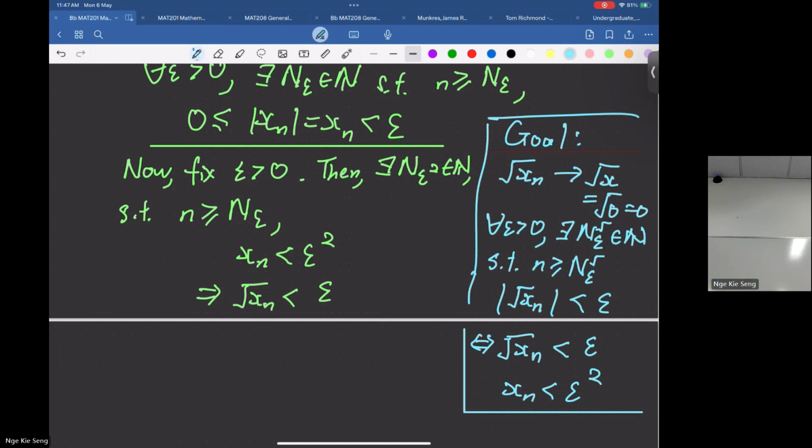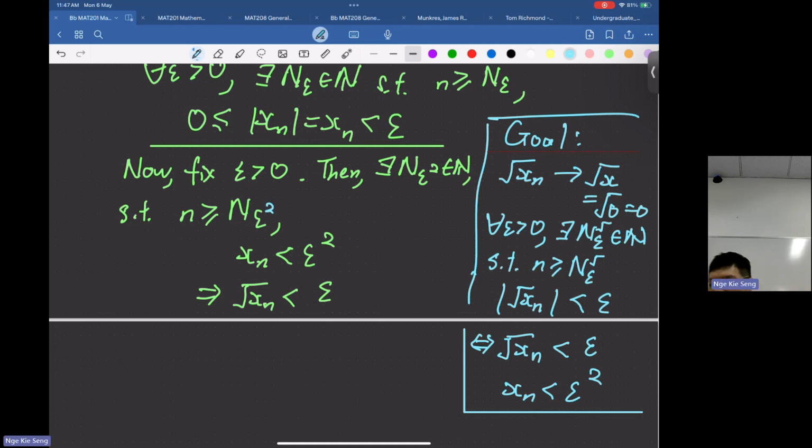Oh, yes, thank you. So small n greater than or equal to capital N, squared. Yes, thank you. So this N of epsilon squared is the N square root epsilon we need.